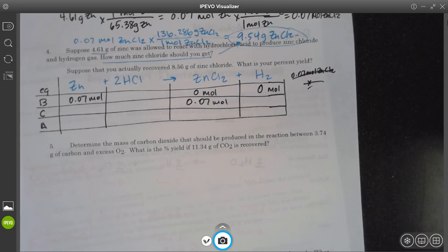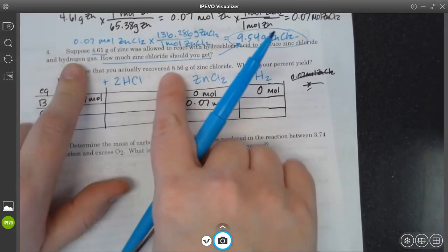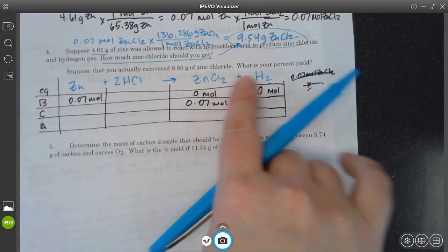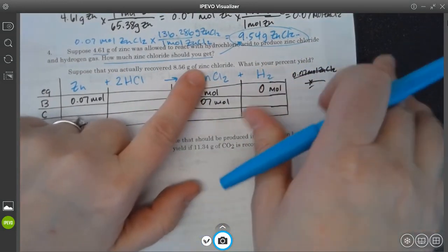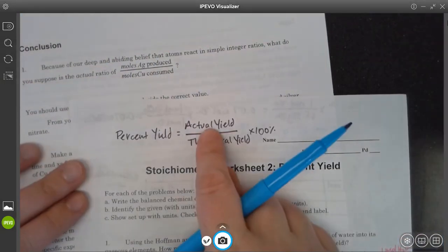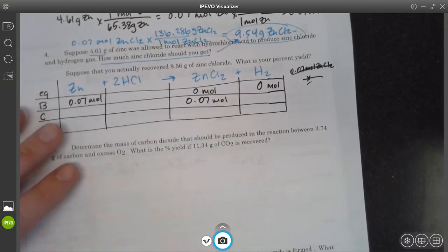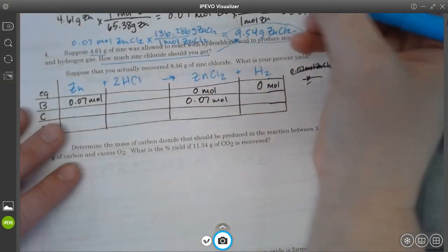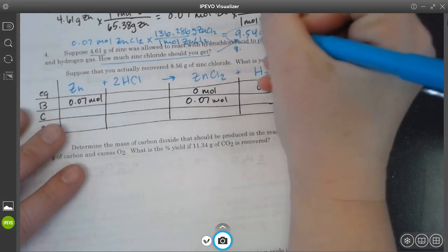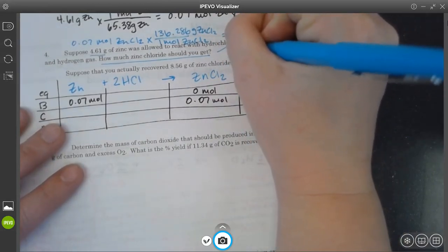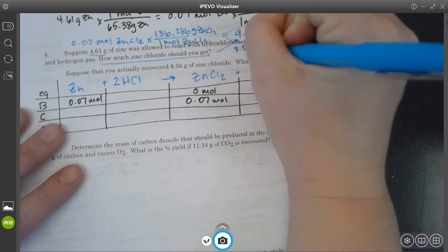But in the second part there, we're told, suppose that you actually recovered 8.56 grams of zinc chloride, what is your percent yield? So to figure that out, we're going to use our equation from yesterday. Our actual yield divided by theoretical yield times 100%. Well, it's a percent. So we were hoping for 8.54 grams. What we actually got was 8.56 grams.